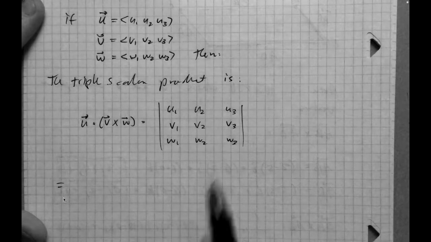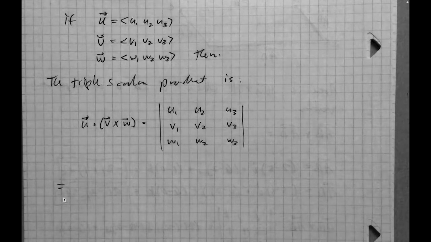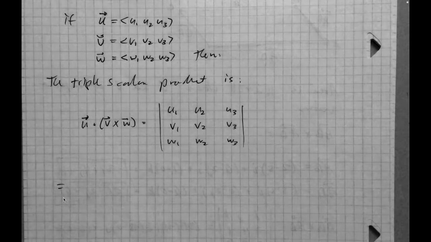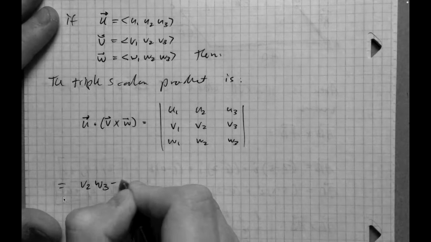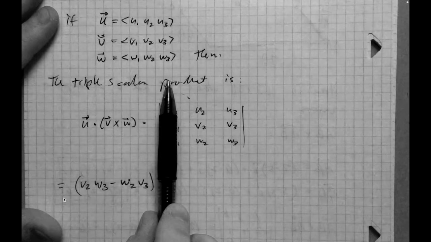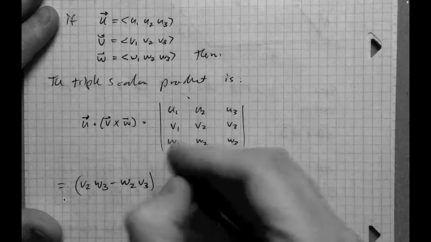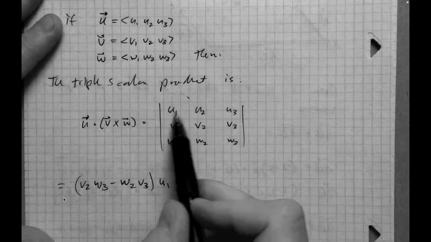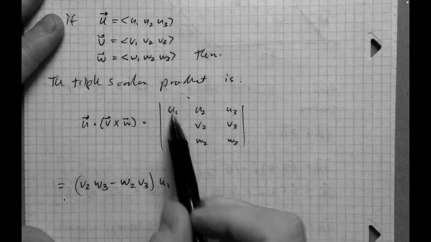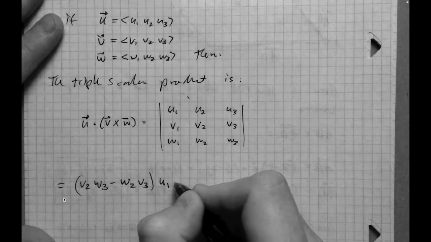And you add them all up, you get basically the triple scalar product. So it'd be v2 w3 minus w2 v3, right? So that's when I hide here. And then I multiply that times u1. And when I say multiply, I mean dot product, right? Well, this is a component, so it is just multiplication, right? That's the dot piece of it.